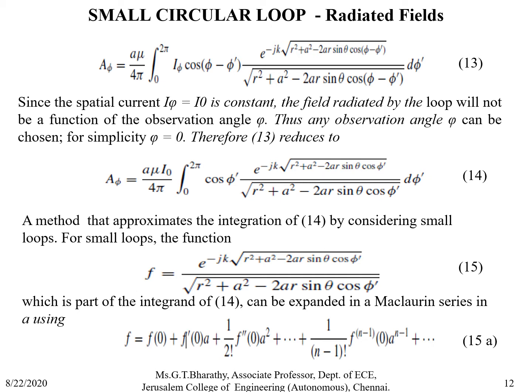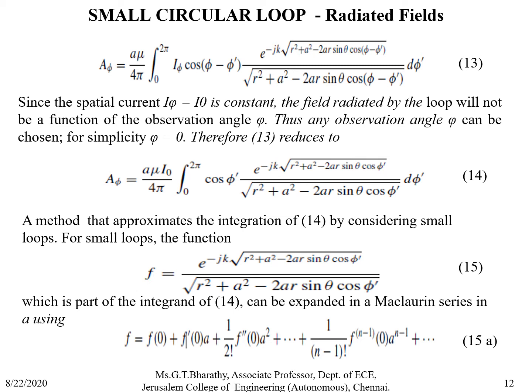We can see that the expression for A phi is quite complex, and to reduce this complex solution we are going to use a series called the Maclaurin series. A small integrand value is represented as function f.